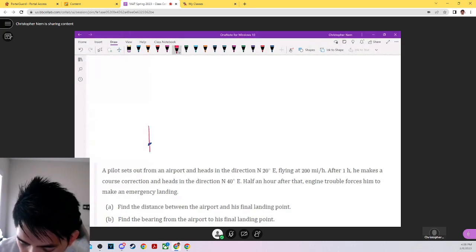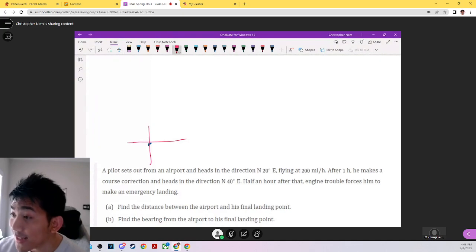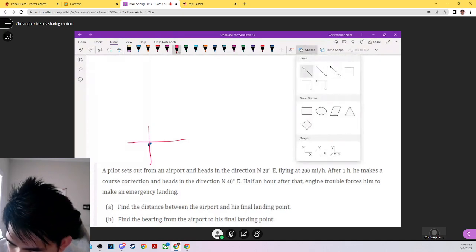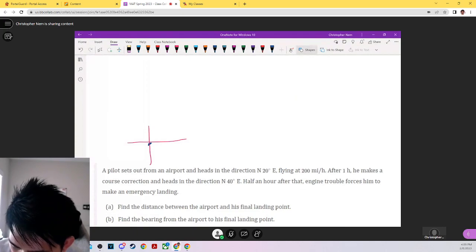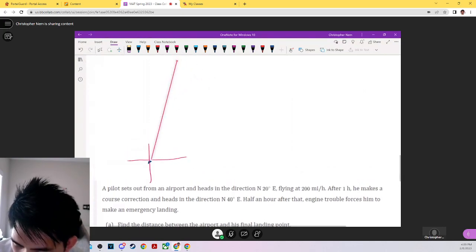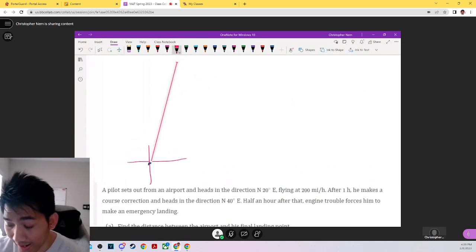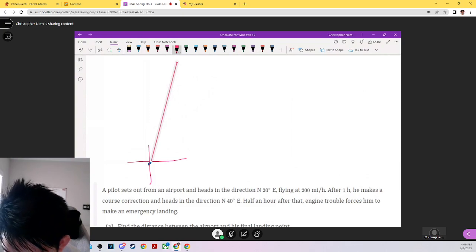If I draw this XY axis, I'm going 20 degrees with the y-axis. That's very important. So this is 20 degrees.